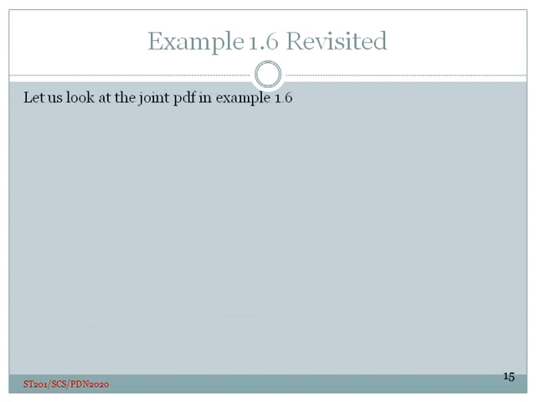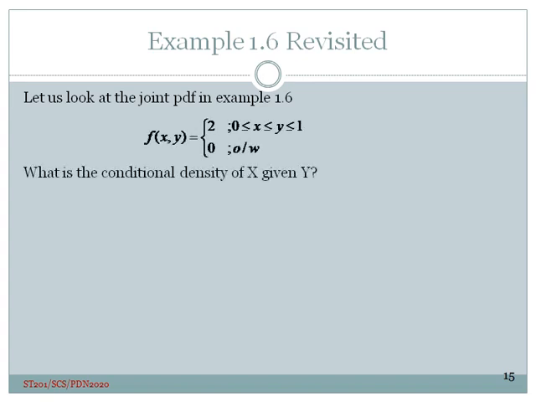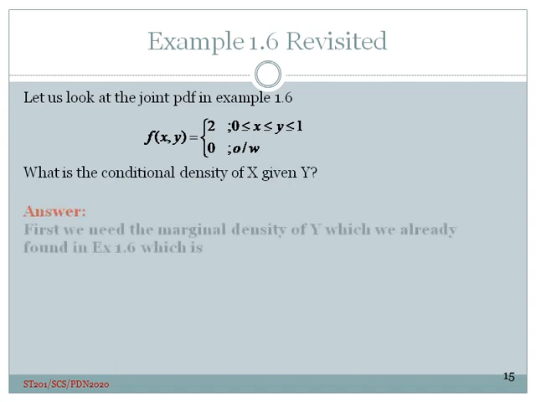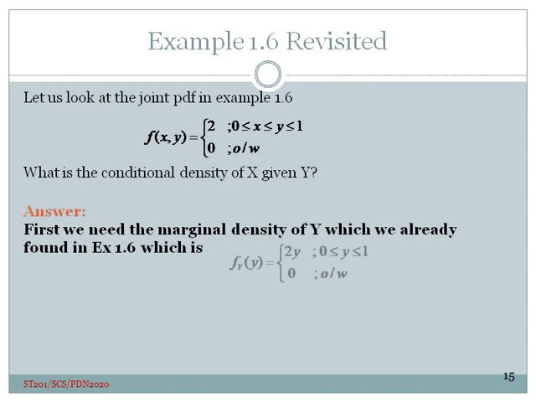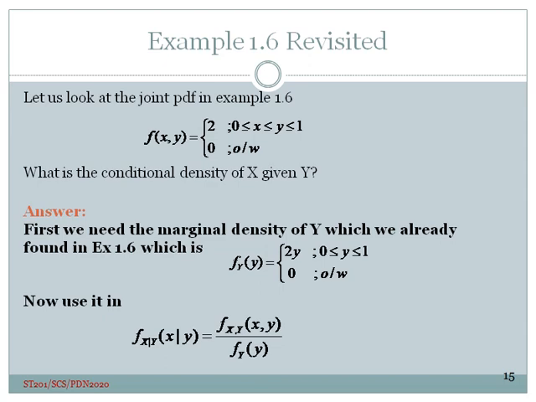Let us look at the joint PDF in example 1.6. What is the conditional density of x given y for any value y? Since we already have the marginal density of y, that is the given condition, we can calculate the probability of x given y using the same equation.